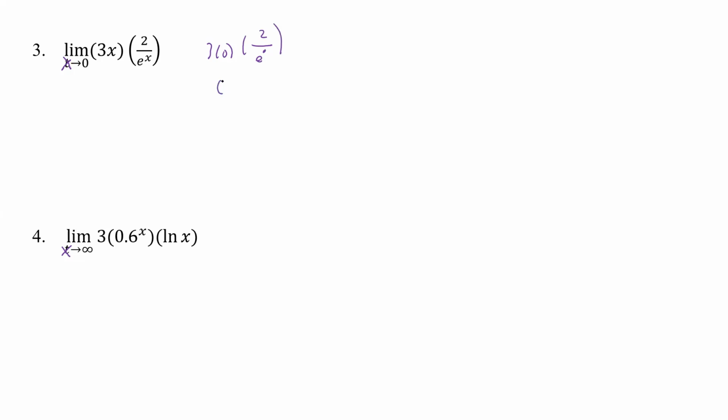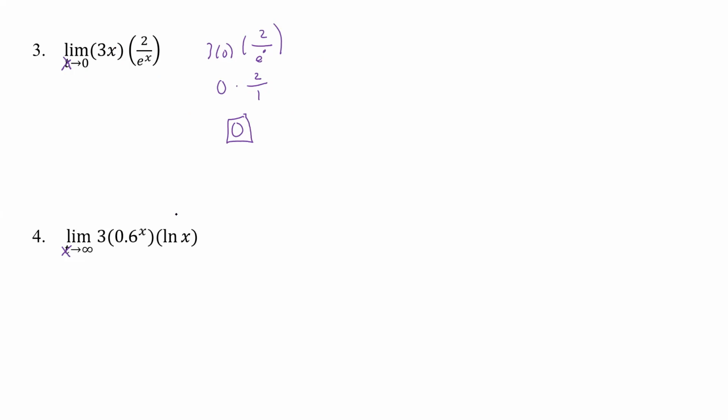Well, that's going to be 0 times 2 over 1. Well, 0 times 2, that's just 0. So that one, we really didn't have to do anything except for substitution. So sometimes we get lucky, and even though the problem looks like it might be more difficult, we can actually just do substitution, and we get what we need for the answer here.